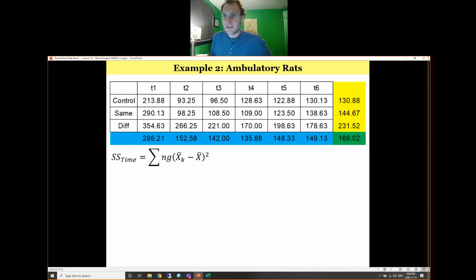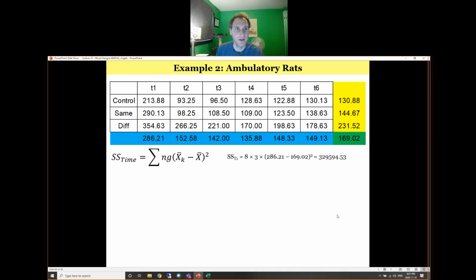Coming back to our means table, we can now find the sums of squares for our repeated factor, which in this case is time. We take the mean of each time period, so time 1, time 2, time 3, x bar k, subtract the grand mean, square it, and multiply it by the number of observations that make up that mean. So n times g: I had 8 rats times 3 groups.